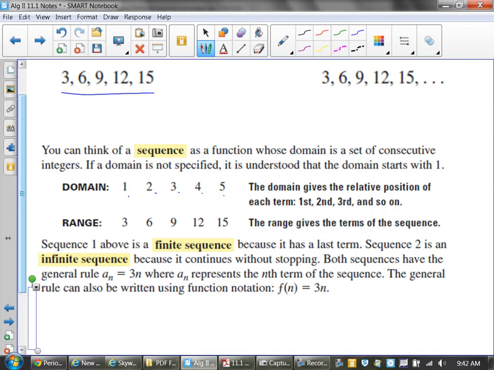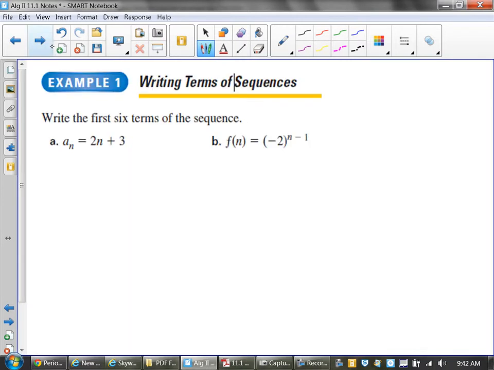As we go through these, what I want to do is show you how the patterns work. Again, this is not anything that's going to be horribly scary. If they say write out the first 6 terms, that means we're going to start at 1. So you start with your value of n for the number.